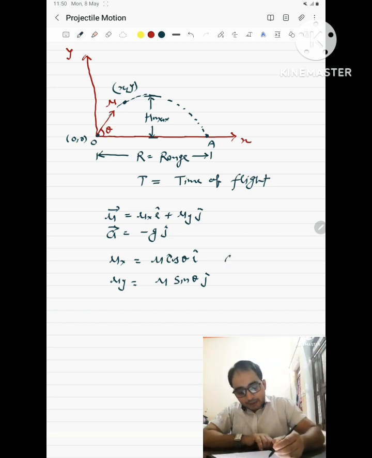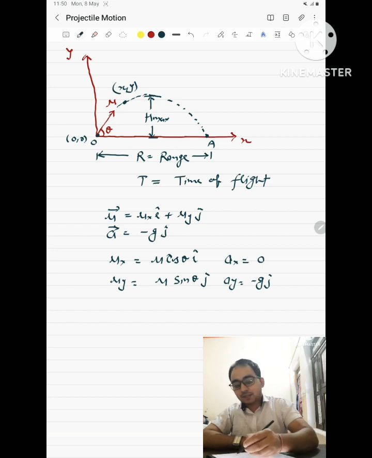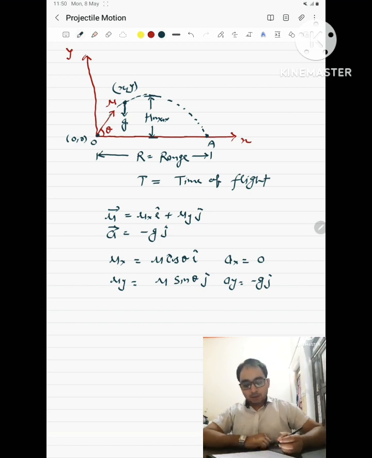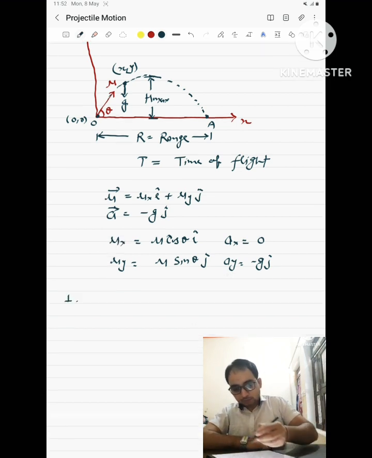And ax is 0 because in the x direction there is no acceleration, whereas ay is minus g j cap. The gravitational force is working downwards. Now we will calculate the trajectory or path of the particle.